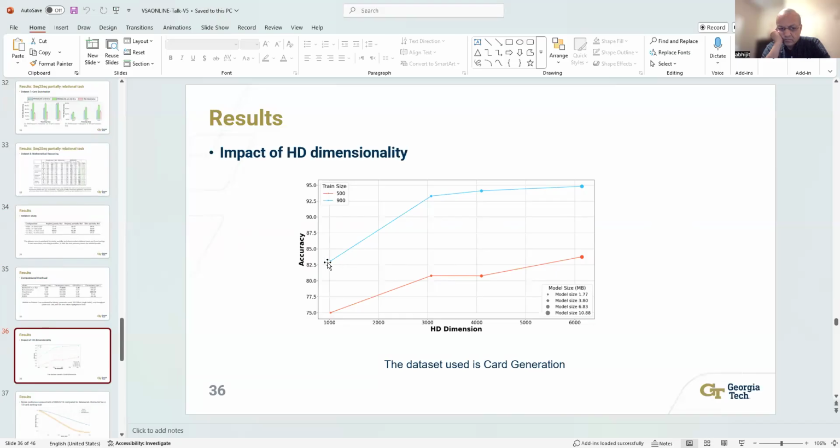And as you can see, the accuracy increased as we increase the dimension of the hypervector, and this is expected. The only problem is that if you increase the dimension of the hypervector, the overhead also increases. And as you can see, the model size increases by 8 to 9 times when moving from 600 to 6000.